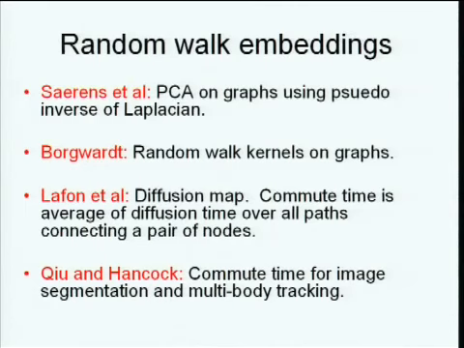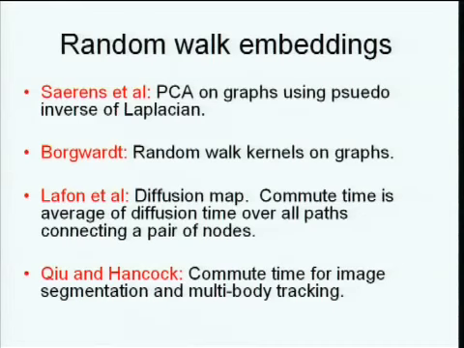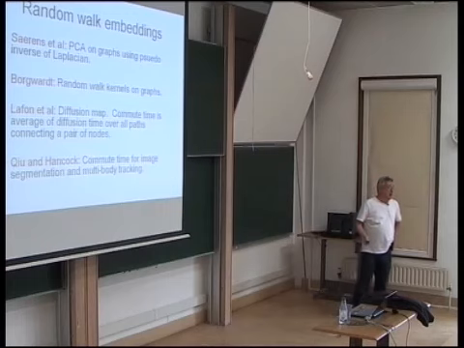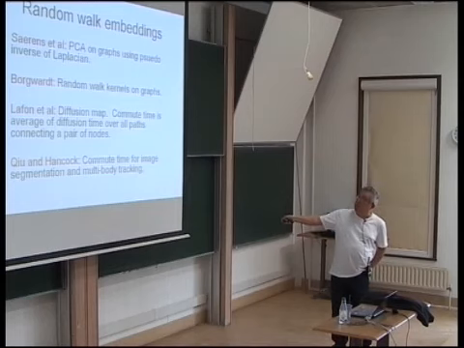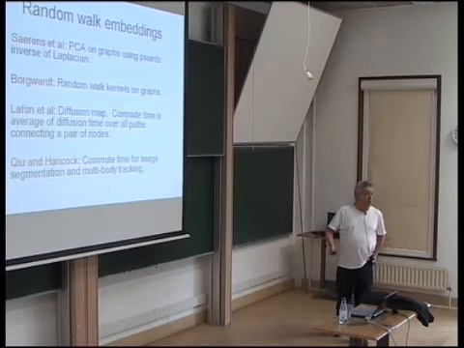Lafon and Coifman have recently developed the diffusion map, which is an embedding of a graph into a vector space that preserves properties of the random walk. And with Huaijun Qiu, I've recently developed a method for image segmentation and multi-body motion segmentation that relies on the commute time embedding of nodes of a graph into a pattern space. This embedding is such that the distance between nodes under the embedding preserves the commute time of the original graph.